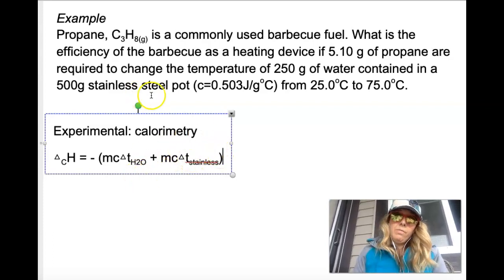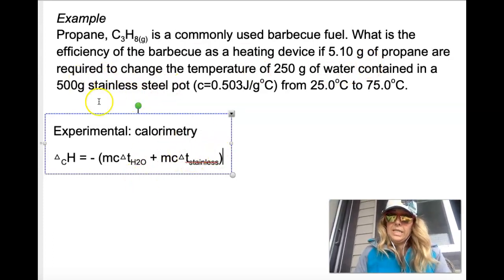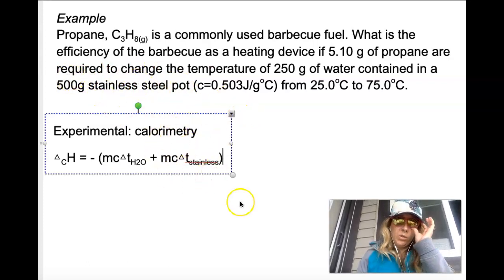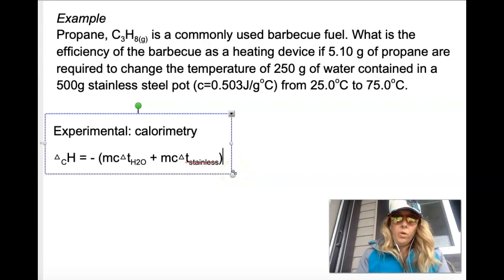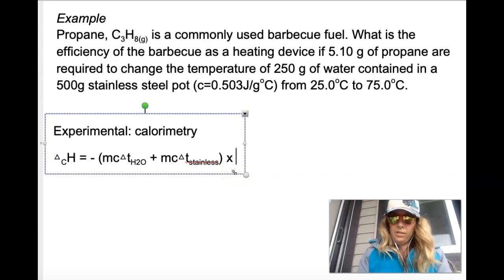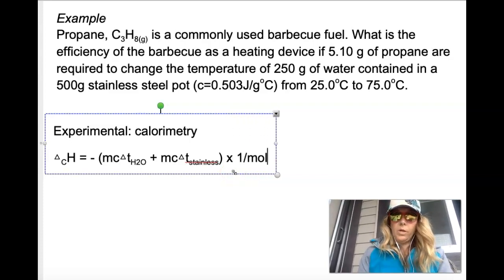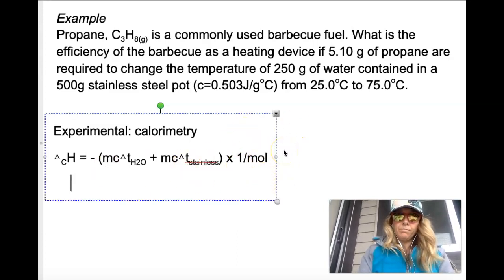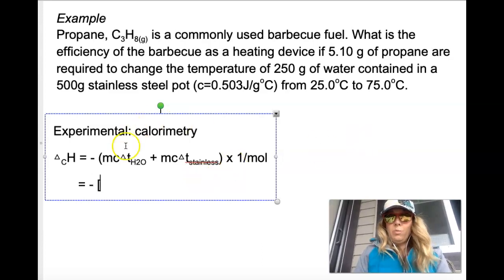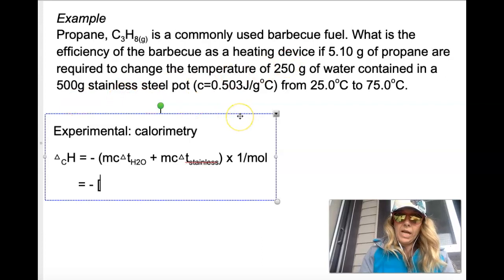So I have to make sure that I remember that whenever water is contained in some type of metal container, that metal container is also going to absorb energy, right? And then I have to be able to get this per mole, okay? So that's kind of my setup for my equation that I'm going to have. So we're going to have that this is equal to negative, okay, remembering this should be in terms of kilojoules, so I'm going to make sure that I use all my masses here and here in terms of that.